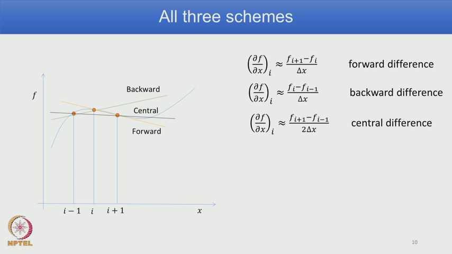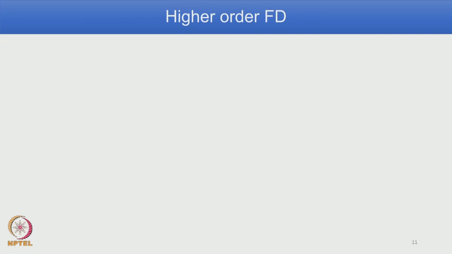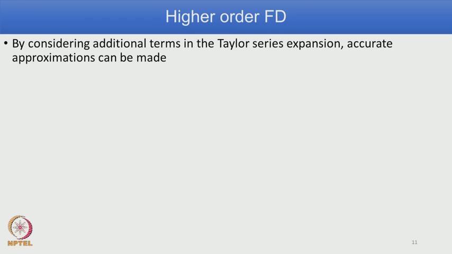And we can also observe that as you decrease delta x, that is the distance between 2 subsequent grid points, in this case I and I plus 1 or I and I minus 1, one can get a slightly error reduced value for the same slope. Now, we also have higher order FD.